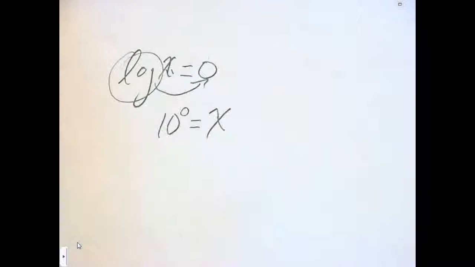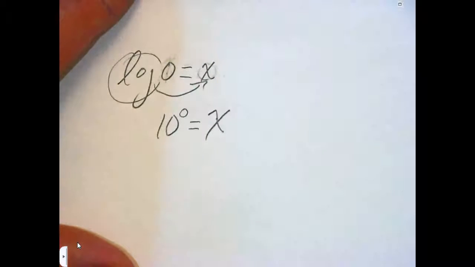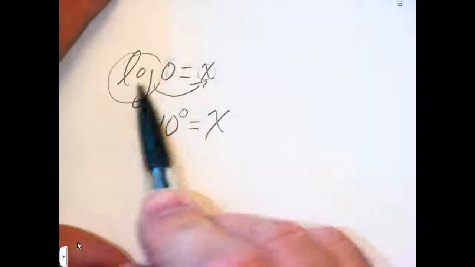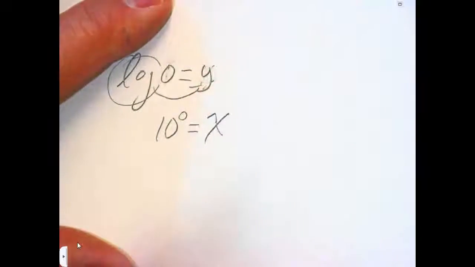Can x be 0? Oh, no. You sure? No. Let's switch our variables. So now we're saying, could it be 0? Maybe we should use something other than x. Let's use y.